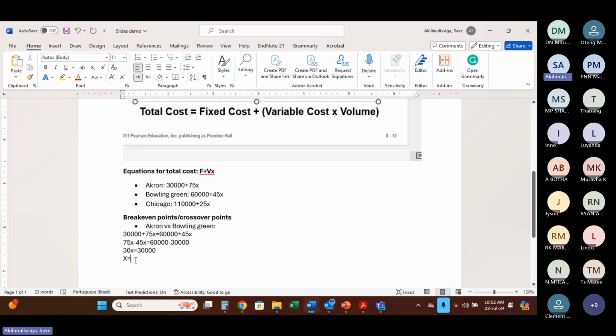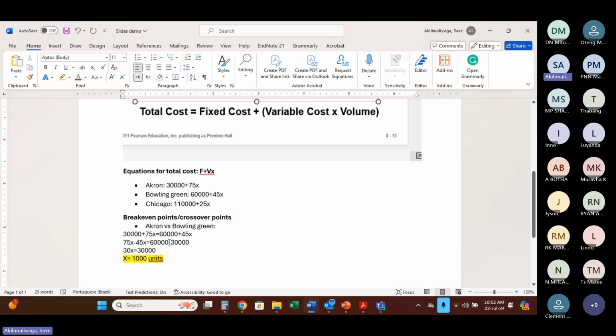So 30,000 divided by 30 gives us 1,000. This 1,000 is what you call the unit, because the product being produced is not really disclosed, but they say unit.